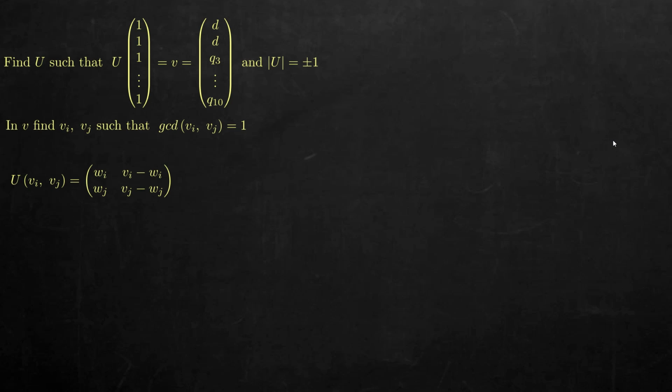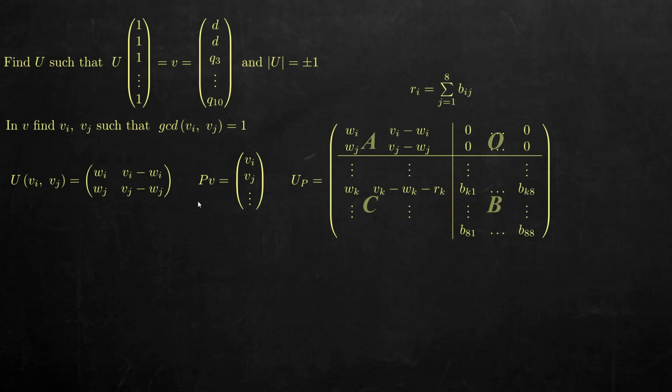Then we build the unimodular matrix of Vi and Vj, and since we want to build our block matrix properly, we use a permutation matrix P to put the two elements Vi and Vj at the first and second place of the vector V. Then we build our block matrix UP, and we apply the inverse of the P to put the rows at the right place. Doing this, the U will map the vector of 1s to V.